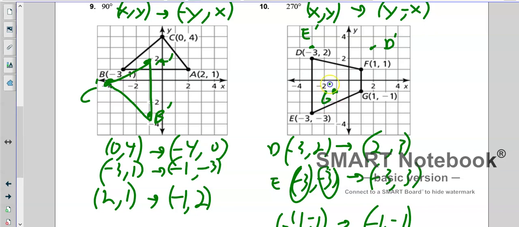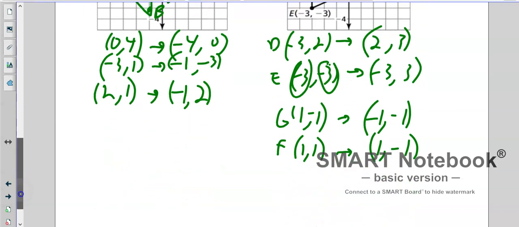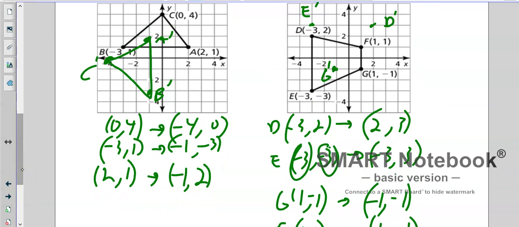That's my G prime. And my last one, F, 1, negative 1, which is going to match up. Again, we're going to have an overlap here. So that point is also F prime. And there's my shape right there. It shifted 270 degrees. And that's it.